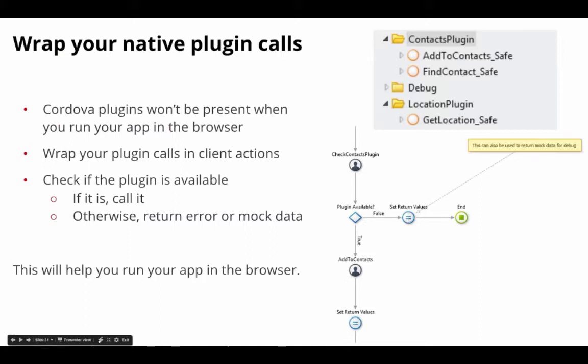It could be an error value if you want to test your error handling code, or it could be some mock data if you want to test the normal flow of the application. This will help you keep your app in a state that it will always run in the browser. Otherwise, you might run into conditions where you start getting some JavaScript errors that Cordova is not present, and that will make it harder for you to troubleshoot.